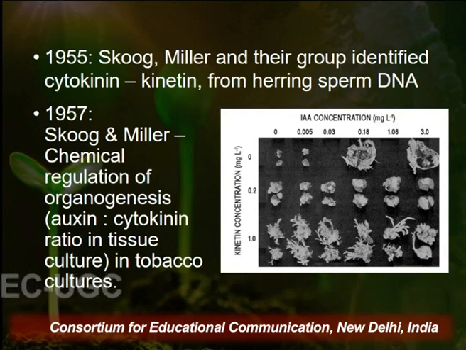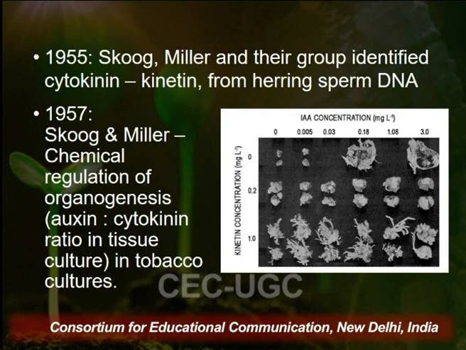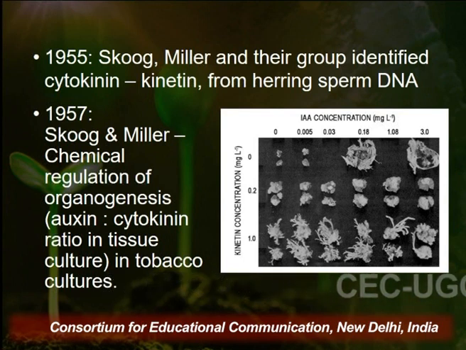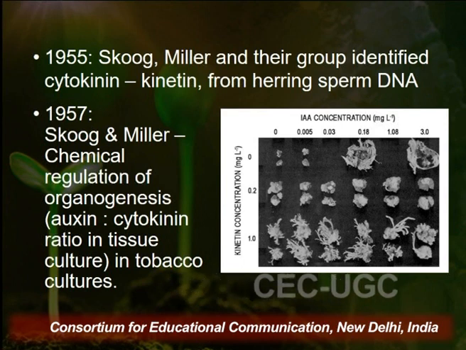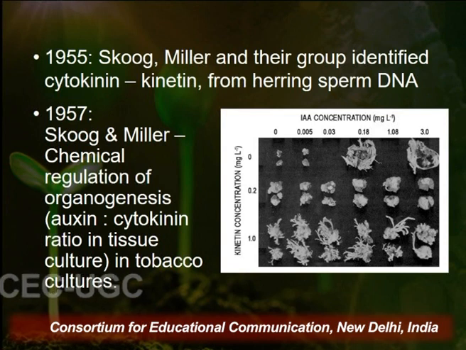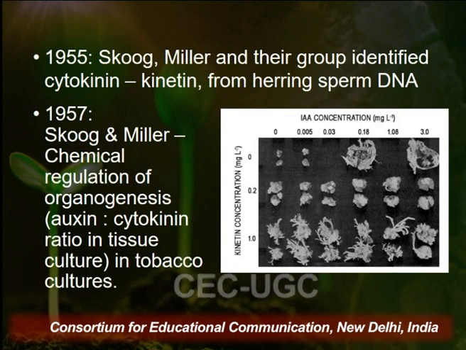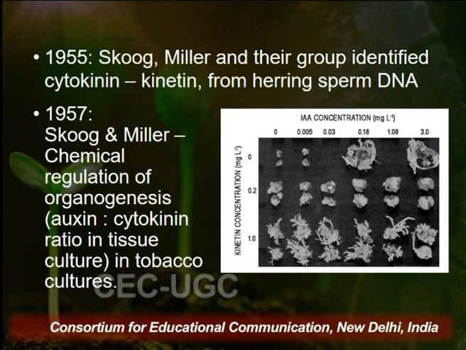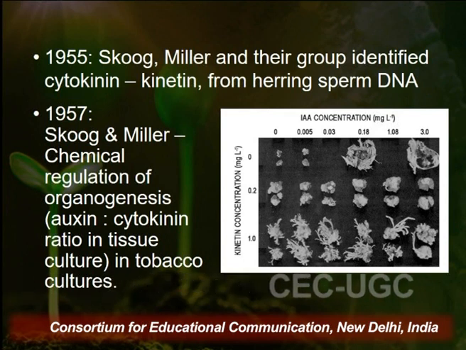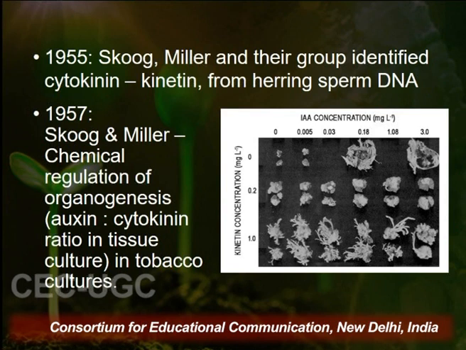They identified this substance from the herring sperm DNA, though later on they found that kinetin is nothing but an artifact which was produced by storing the herring sperm DNA, because when they tried to isolate kinetin from fresh herring sperm DNA, they were not able to find it. So they concluded that kinetin is basically an artifact that was produced on storing the herring sperm DNA. But nevertheless, they were able to discover a substance that can induce cell division.